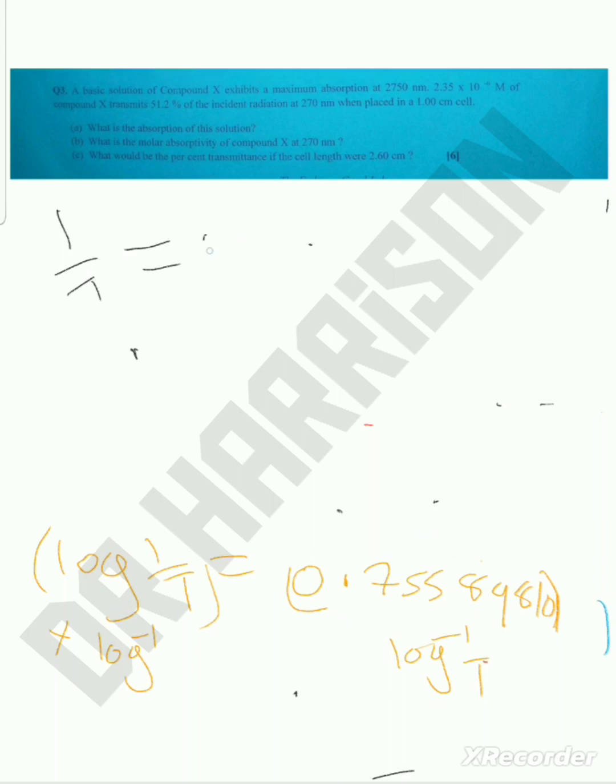The inverse log of this value is 5.700305097. That's what we are going to get. So what do we do with this value? You are going to make T the subject of the formula.